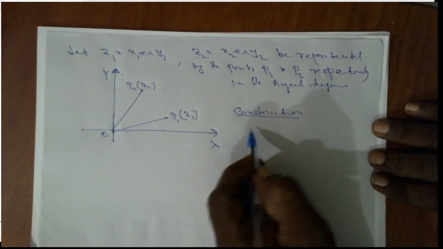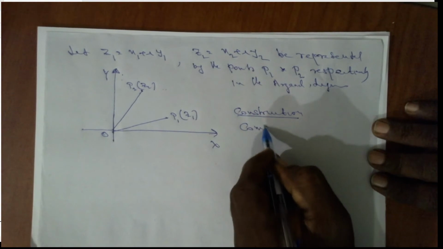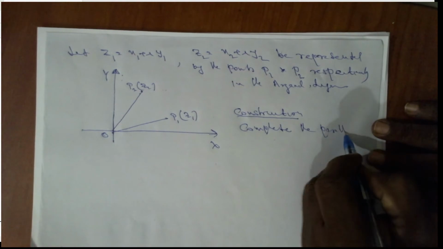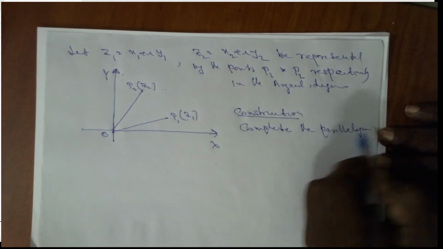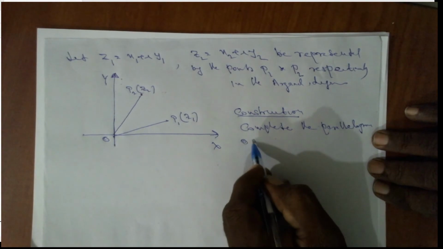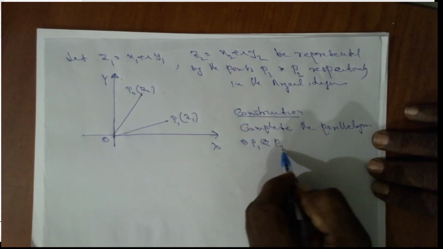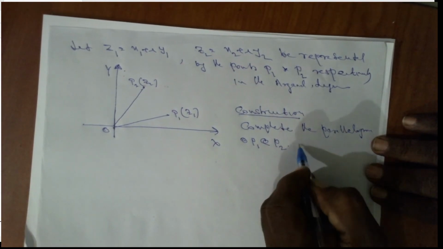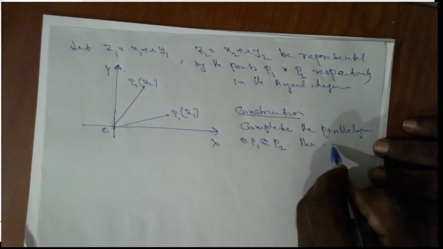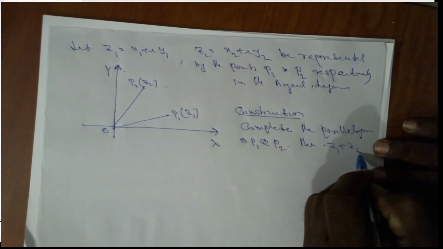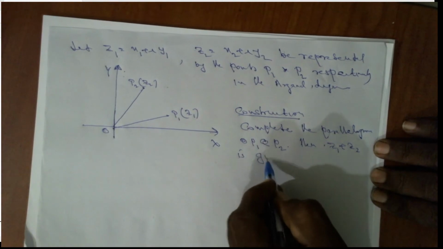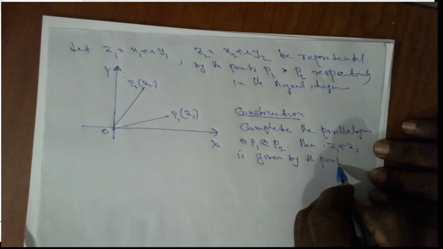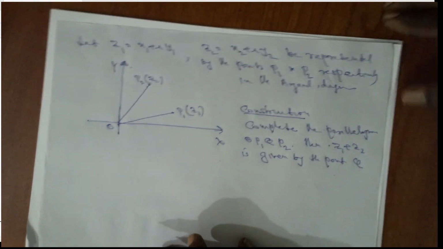Complete the parallelogram OP1QP2, then C1 plus C2 is given by point Q, right?